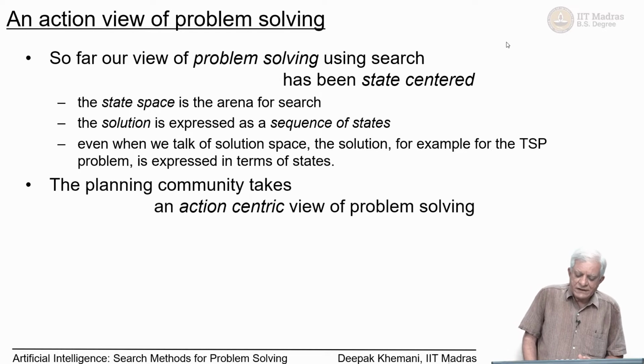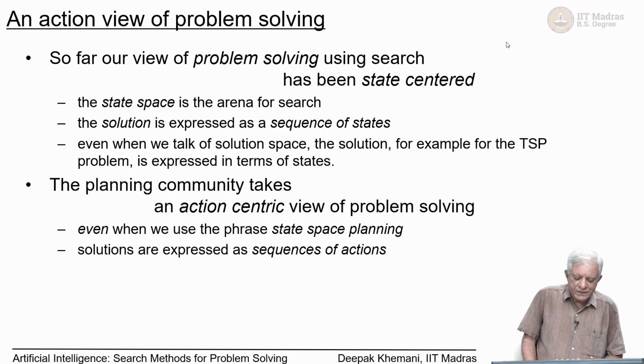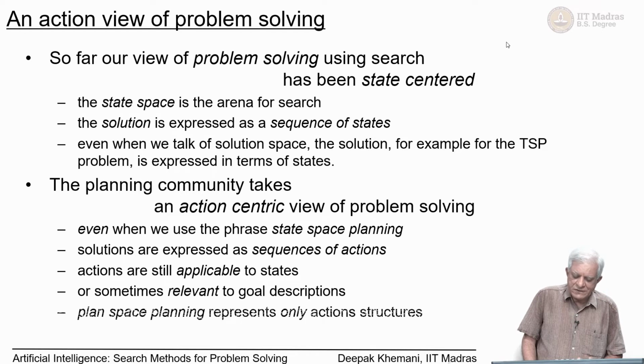The planning community takes an action-centric view of problem solving. So, we talk about actions, we give names to actions and talk about these are the actions that we want to do. Even when we are using the phrase state space planning, solutions are expressed as a sequence of actions. Actions are applicable to states, we will see what this means, or sometimes relevant to goal description.